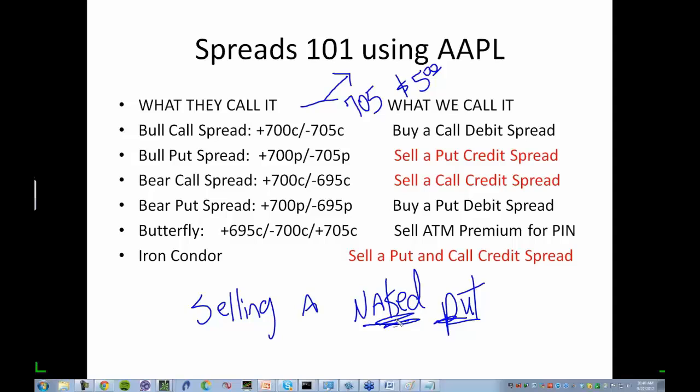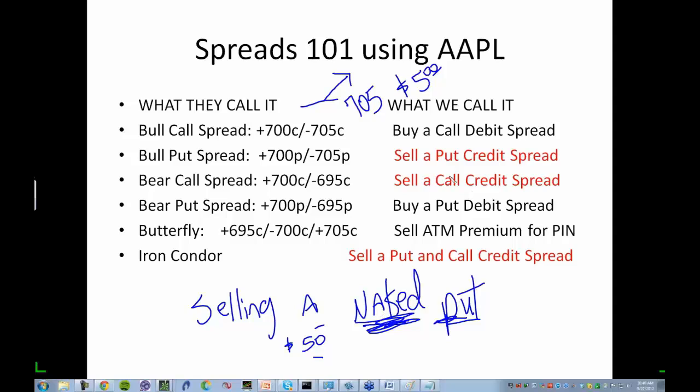But then what we want to do, of course, is we can place a stop there, but what happens is if you sell a naked put, you've opened yourself up to event risk. What happens if you sell a naked put and then overnight Apple gaps up $50, right? You're screwed. So the risk there on a naked put is very, very difficult.